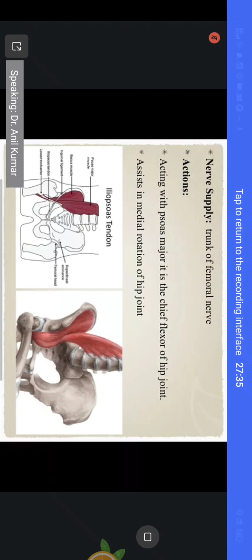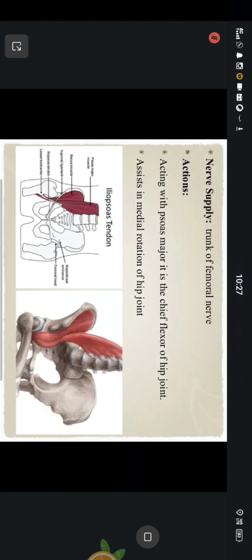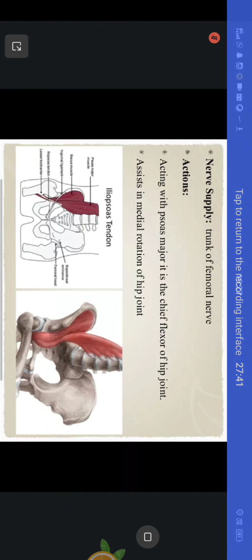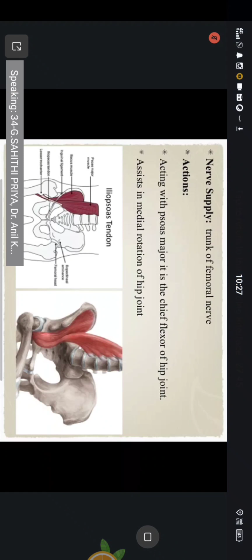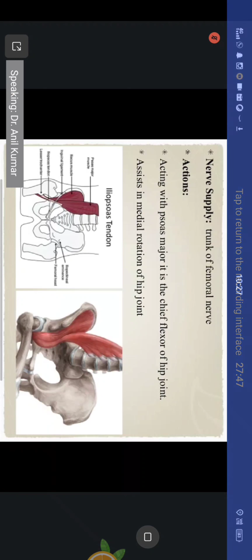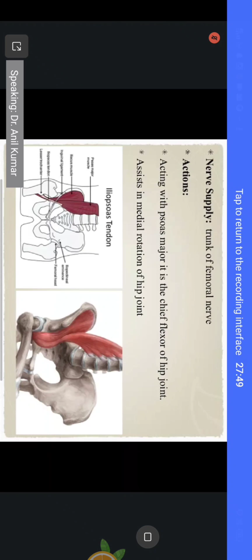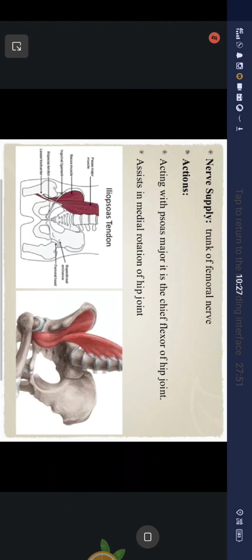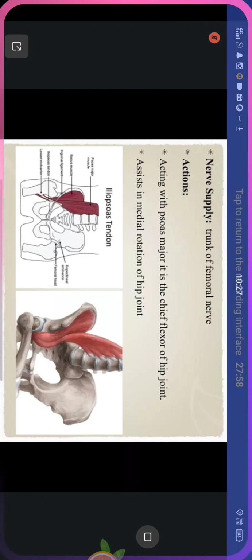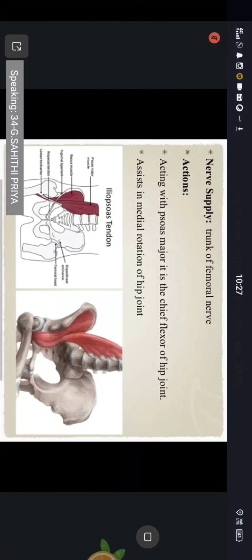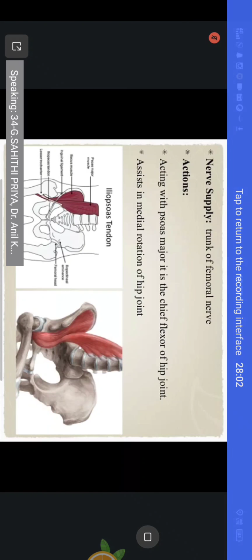Cribriform opening or saphenous opening. Now, which structure passes through this opening? Saphenous vein. And it joins which vein? It joins the femoral vein. Next, what is the name given to the deep fascia in this area? Fascia lata.